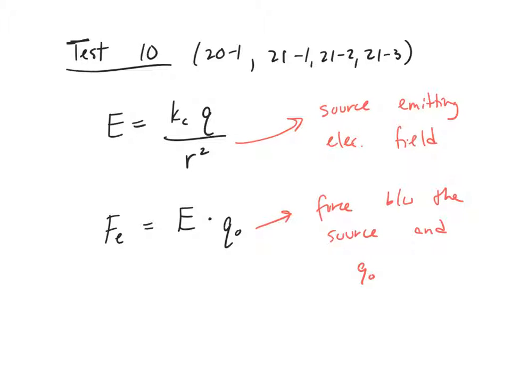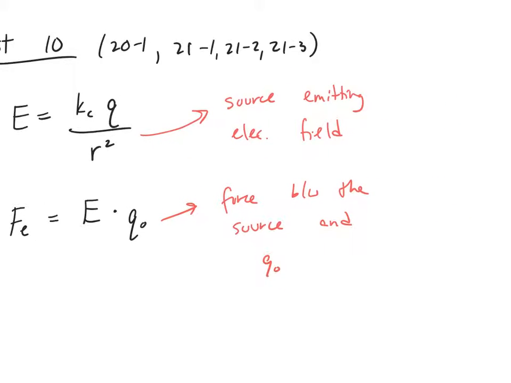So this is a way to calculate Fe without having to do Kc Q1 Q2 over R squared for two arbitrary objects. If you find the field around one object first, you could then simply multiply that field, E, by whatever the other object's charge is, and that'll give you the force of repulsion or attraction between these two objects.